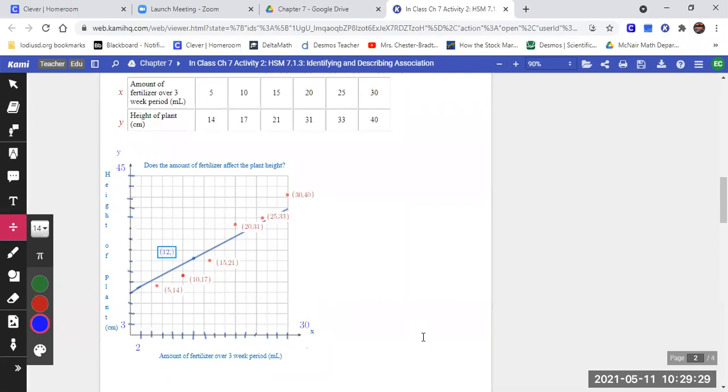So how many lines up did that 12 go? Count how high up that is. How high up did our blue dot land? Did it land exactly 7 or a little bit higher than 7? A little bit higher than 7.